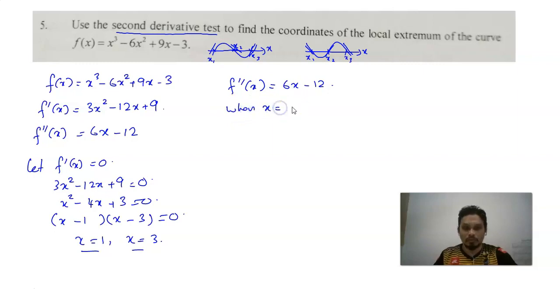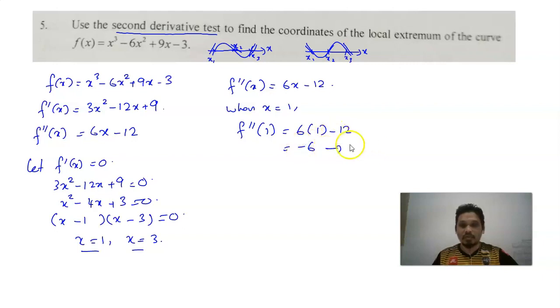When x equal to 1, and this is the question of number 5. Substitute into the function of f double prime 1, which is 6 times 1 minus 12. 6 minus 12, negative 6.